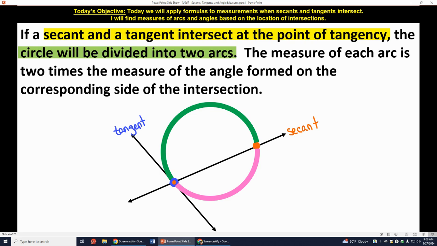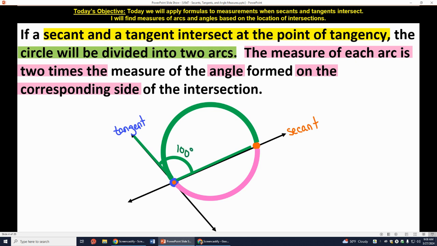If the secant includes a diameter, you'll have 2 semicircles. The measure of each arc is 2 times the measure of the angle formed on the corresponding side. So for example, if I look at the angle that I've marked here in green, the green arc will be twice the measure.